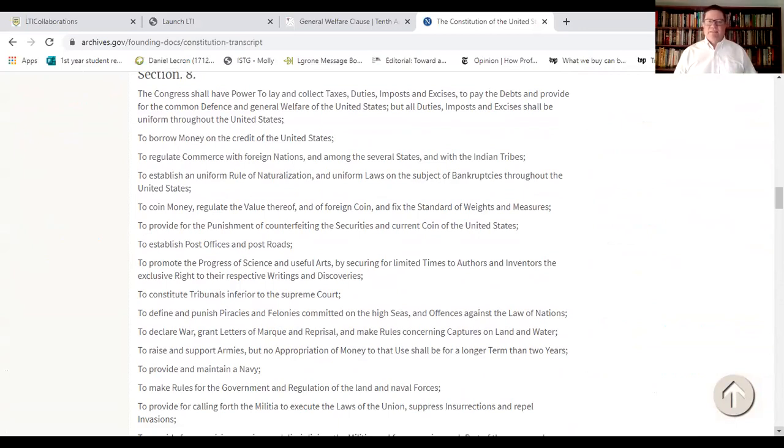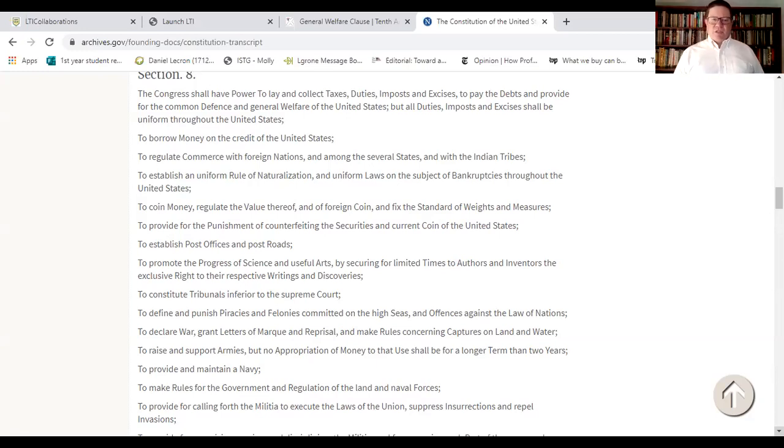Lay and collect taxes, borrow money on the credit of the US, establish a uniform rule of naturalization, and on down the list as you can see here. So these 18 things within the context of Article 1, Section 8 are really the powers that are defined for the federal government to be able to do the job that they've been tasked with doing, right?